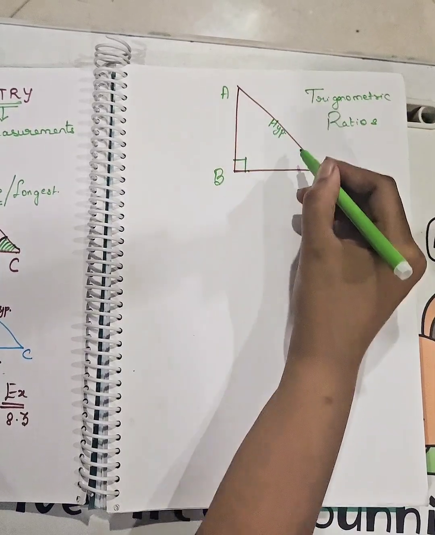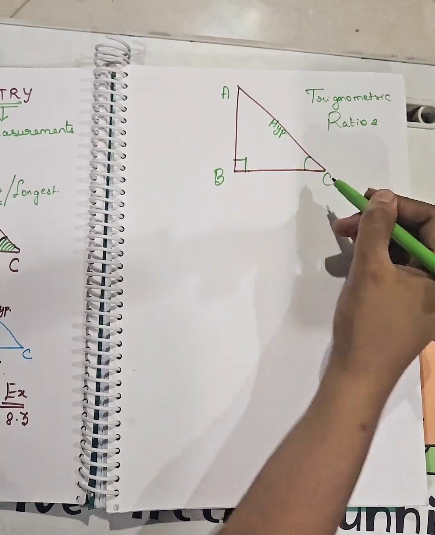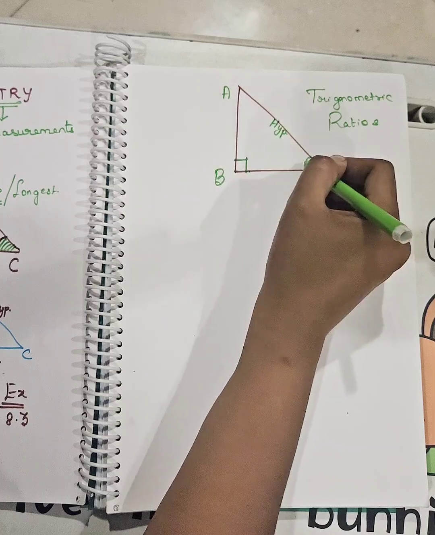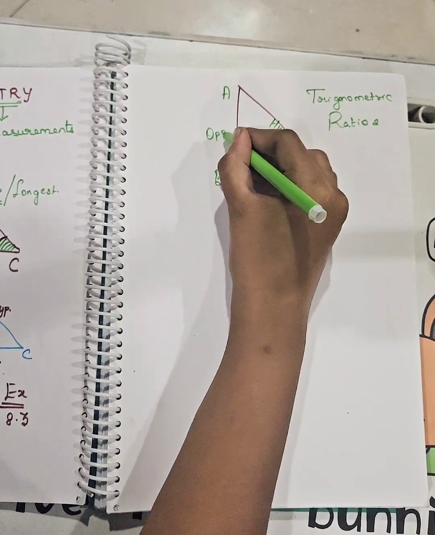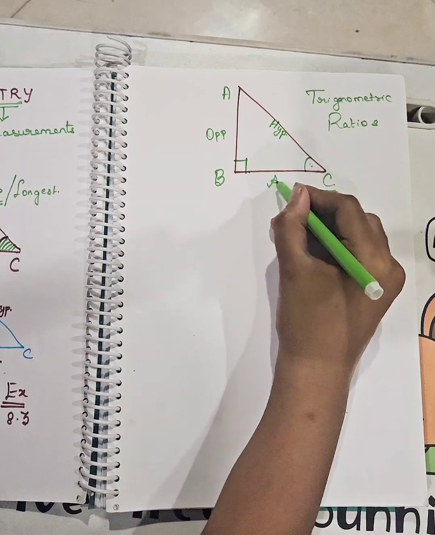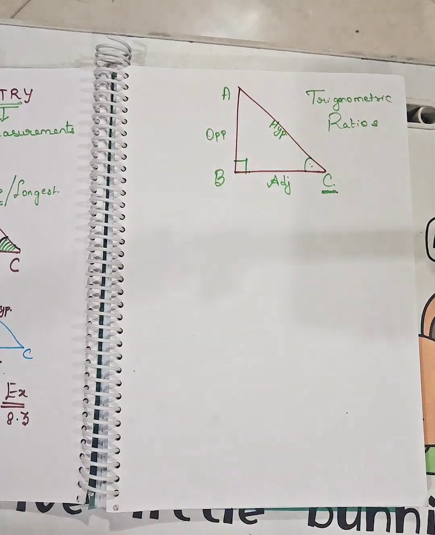It depends, right? For example, let me keep the angle as C. Which will be the opposite side? Exactly opposite to C will be the opposite side. And what about the adjacent side? Next to C will be the adjacent side. So how to derive the ratios for each and every different triangle? Let's start with sine theta.